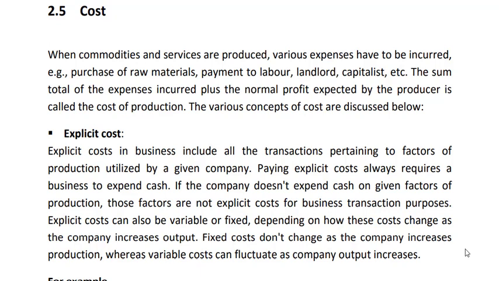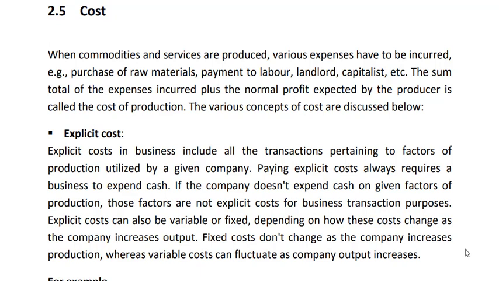If we manufacture a product or an object, there are certain costs: transportation cost, labor cost, machinery cost, rent, and electricity bill.